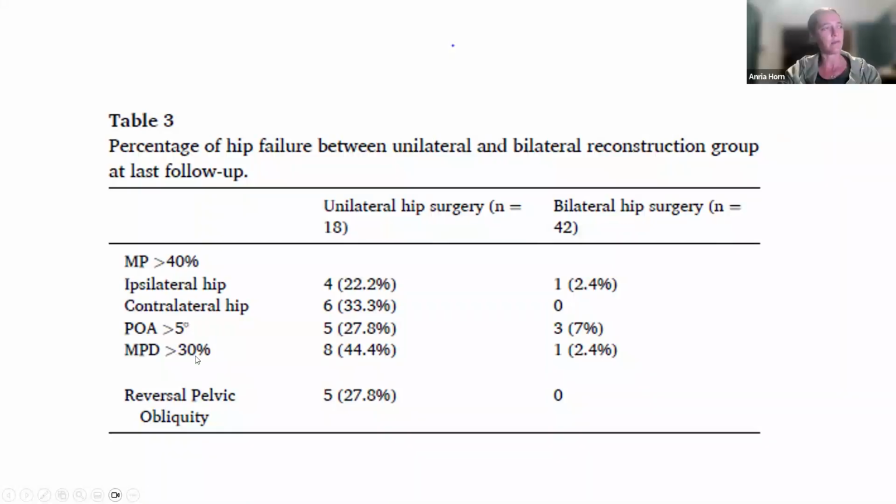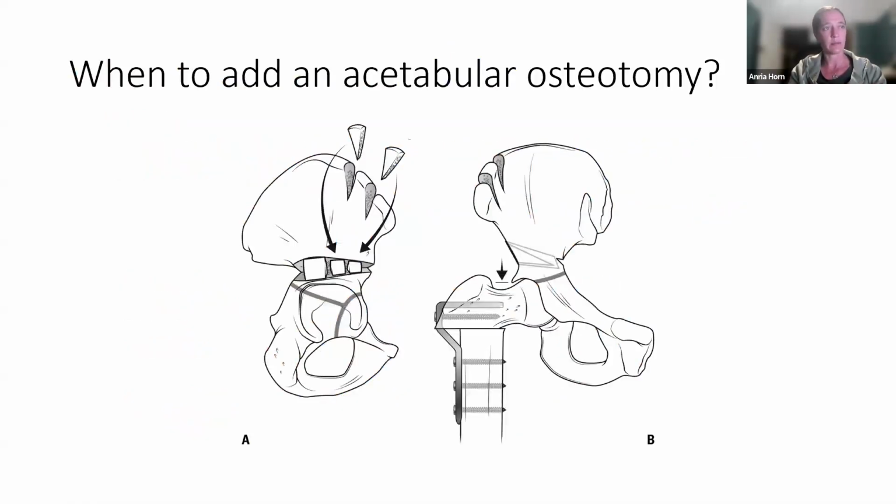And then the MPD, I can't remember what that stands for, but it's also better. And in the unilateral group, the pelvic obliquity actually went the other way. And I've got some horrible X-rays I'll show you of what happens when you do that as well. We'll get to that now.